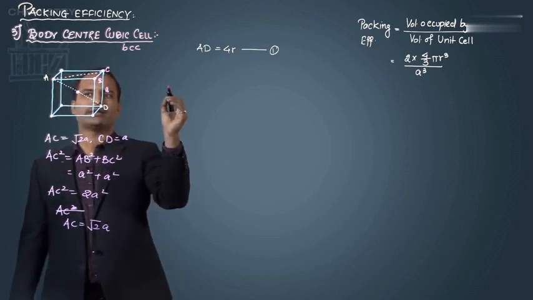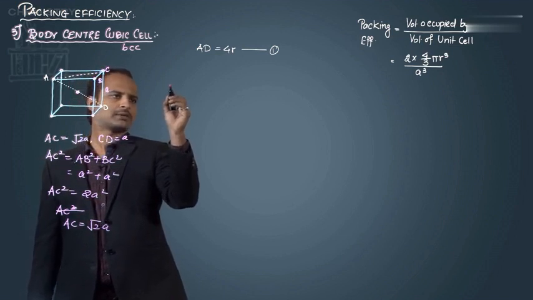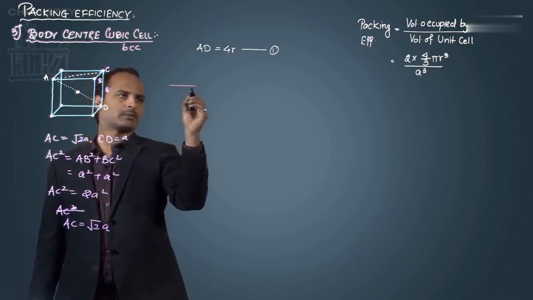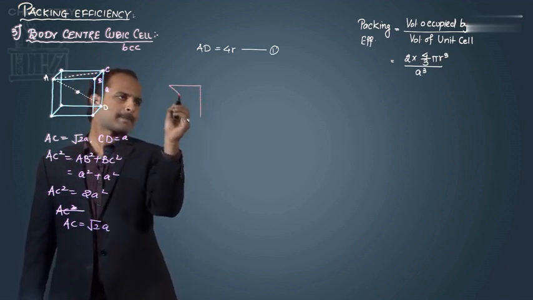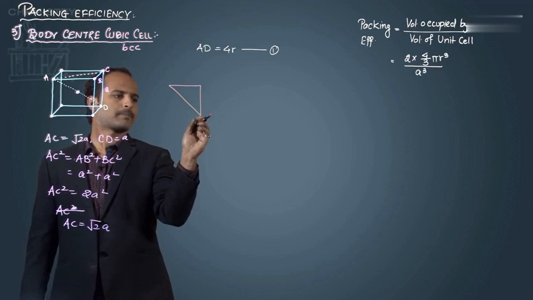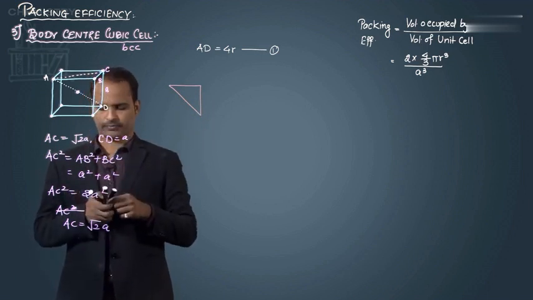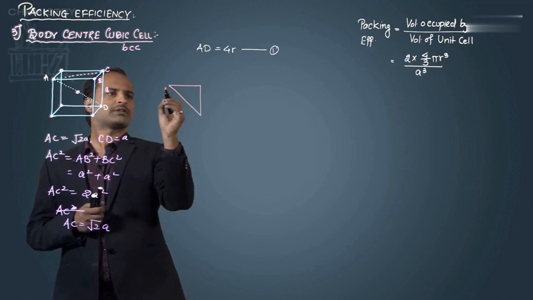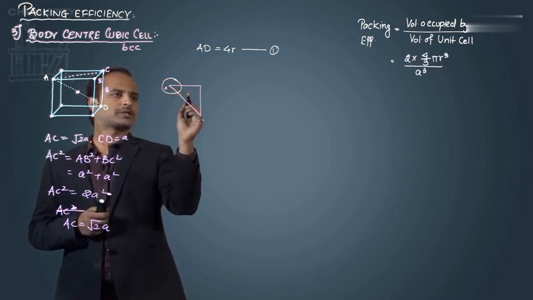So for AD, I can draw the diagram like this. There is one particle, this is point A, present on this.